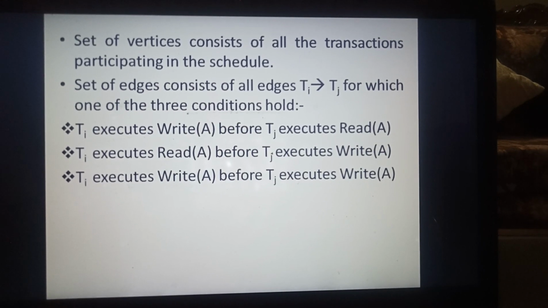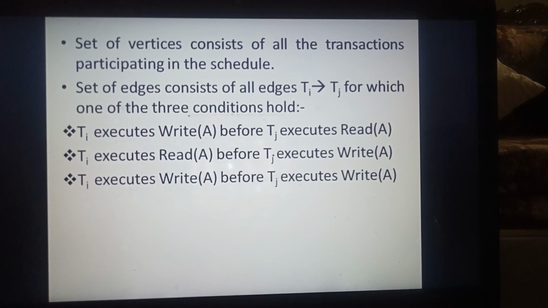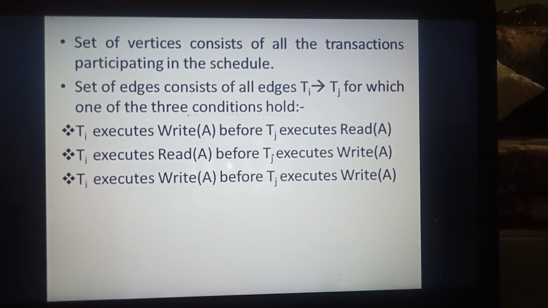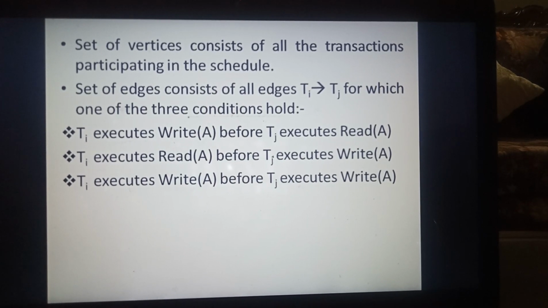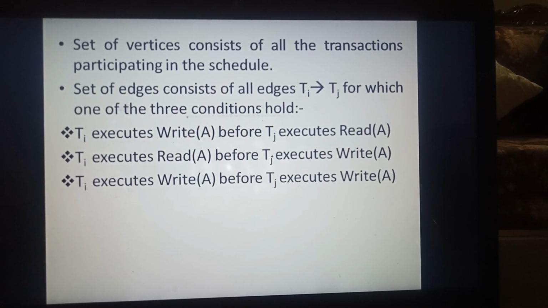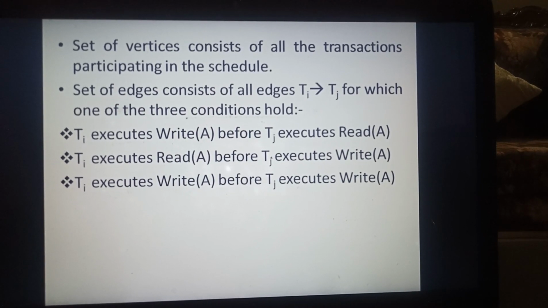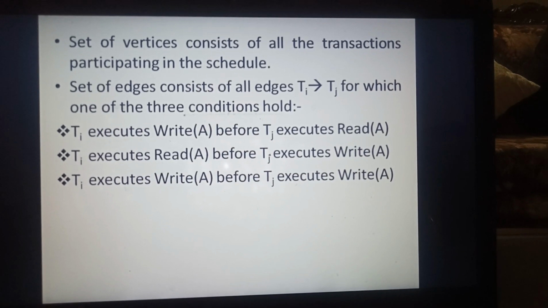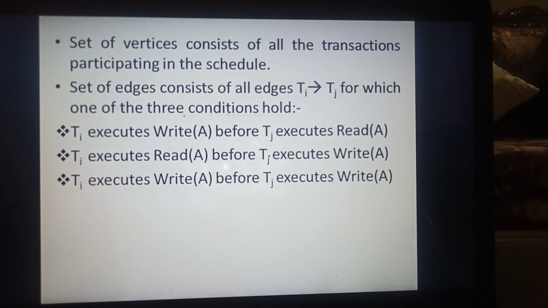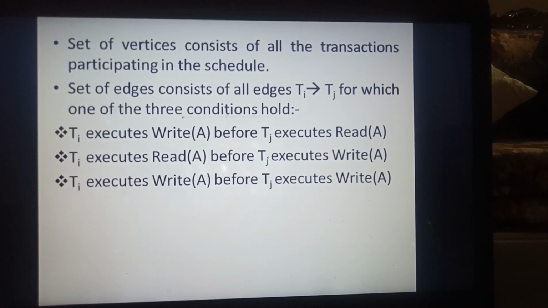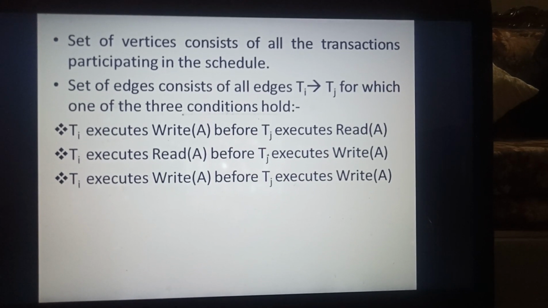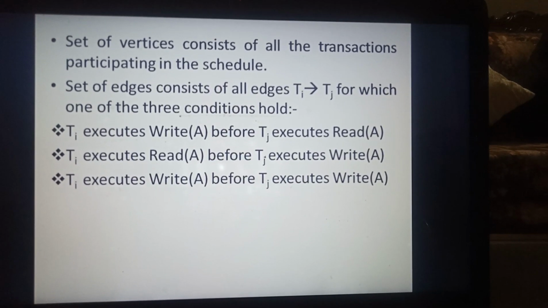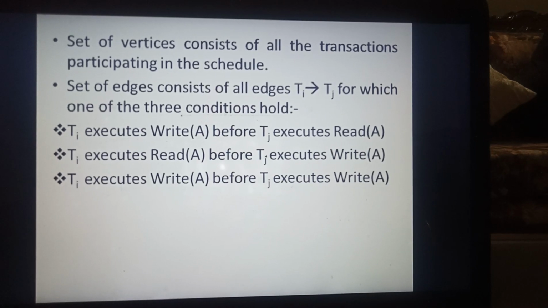Second condition is if Ti executes read A before Tj executes write A. So if Ti transaction executes read A operation first before Tj executes its write A, then also there will be an edge from Ti to Tj. And last condition is if Ti executes write A operation before Tj executes its write A operation, then also there will be an edge from Ti to Tj.